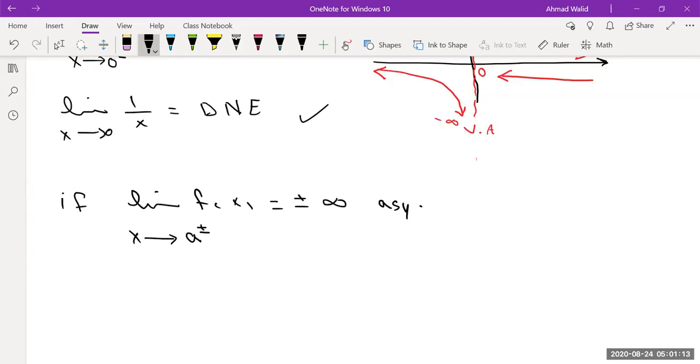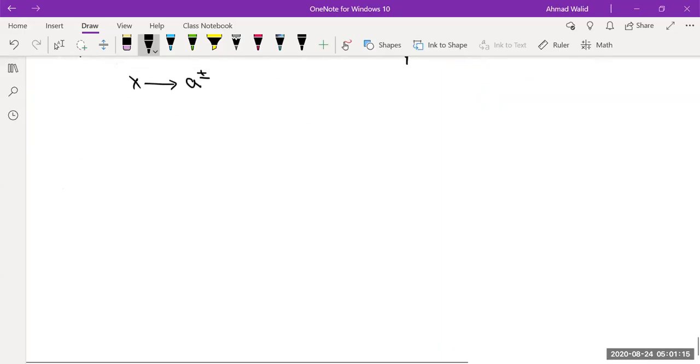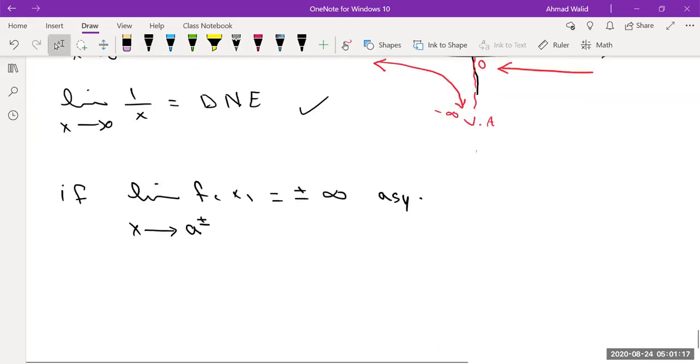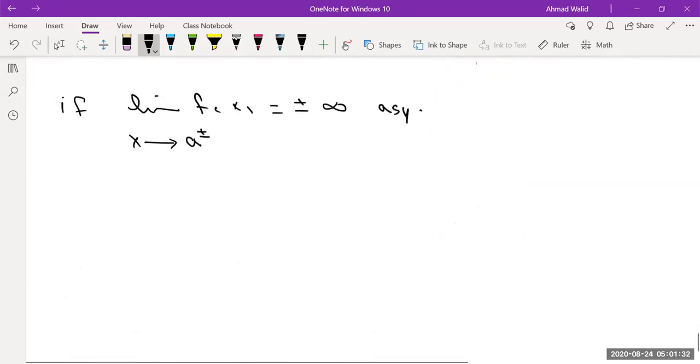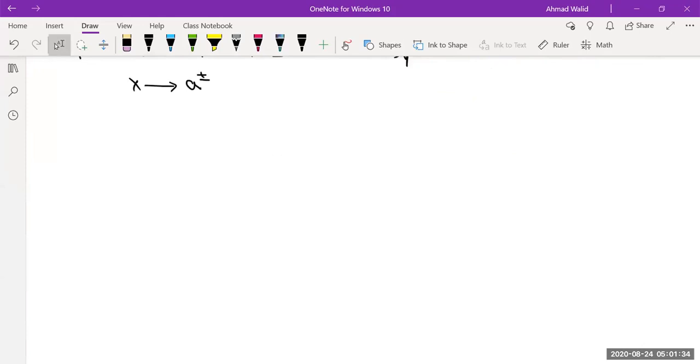Now, you are dealing here with 4 cases, basically. When you approach from the right, the function can go to positive infinity or negative infinity. When you are approaching from the left, the function can go to positive infinity or negative infinity. I'll draw all 4 cases here for you.